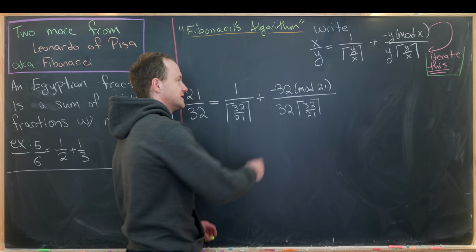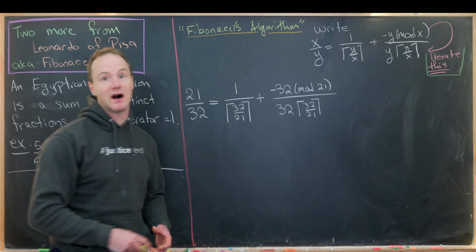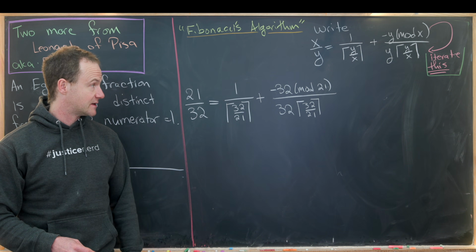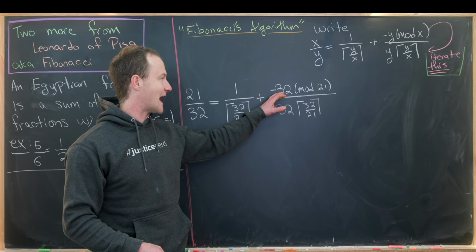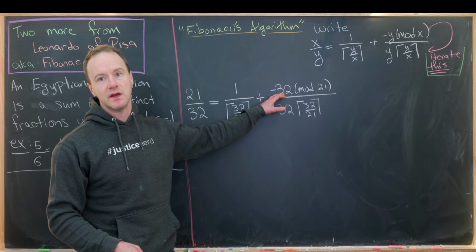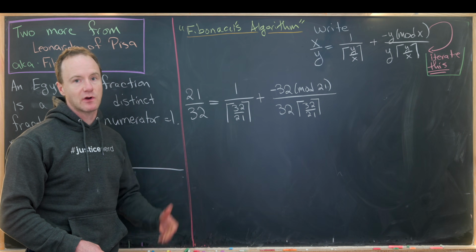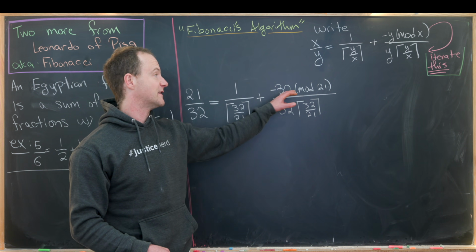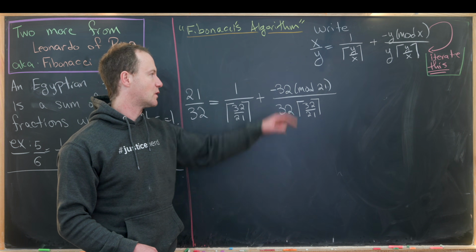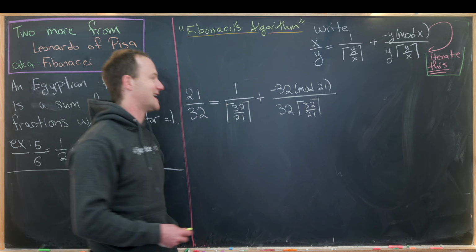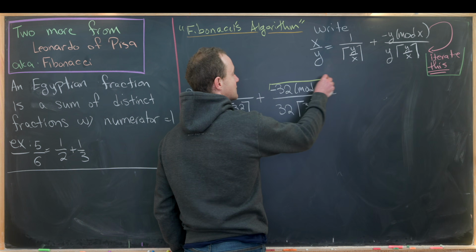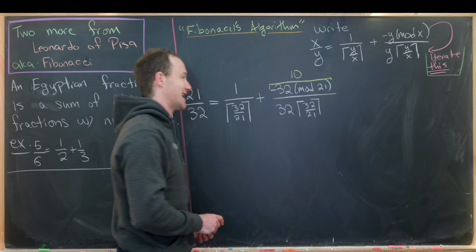Now let's reduce this minus 32 mod 21 and see what we get. We can do that easily just by adding multiples of 21 until we get a number between 0 and 20. If we add 42, which is 21 times 2, we get the number 10. So this can be replaced with 10.